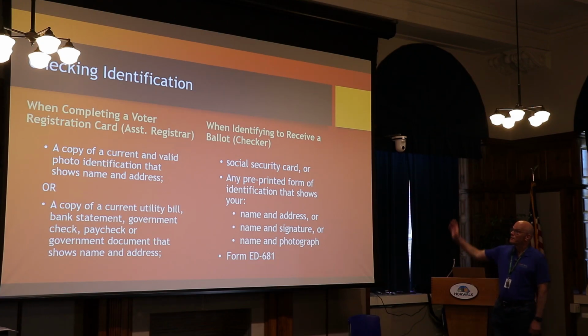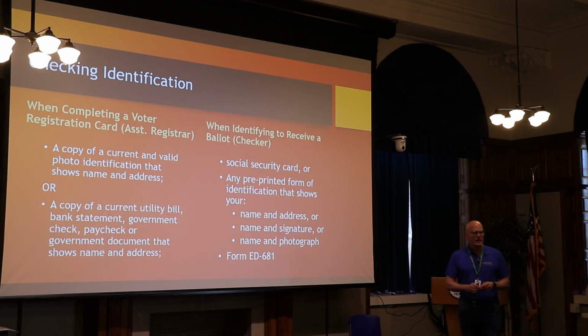On this page, we also see another type of identification. This is really more for assistant registrars. If someone is coming in to change their address or change anything about their registration, the identification requirements are slightly different.